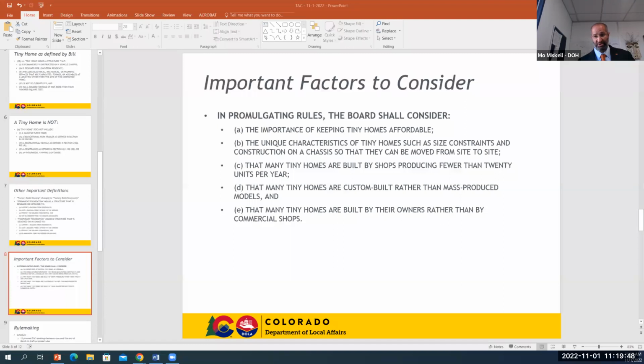We are very fortunate to have a state that's very diverse in geography, but with that comes some incredible challenges when it comes to building pre-manufactured products to be utilized across the state.